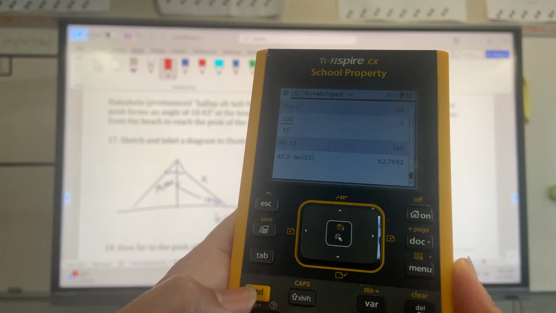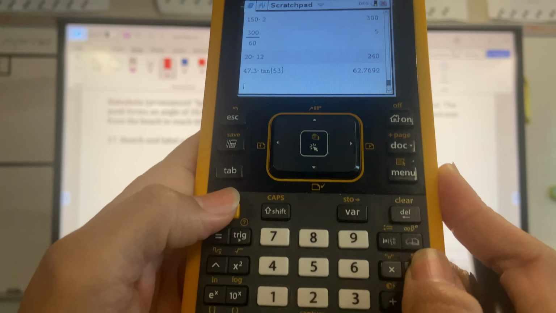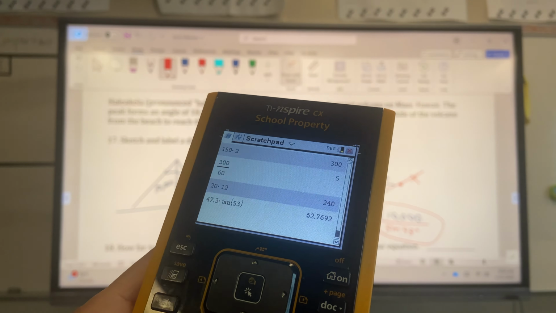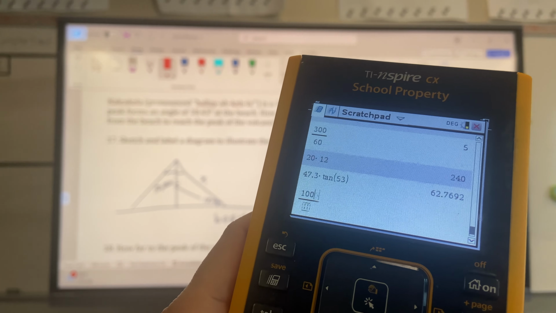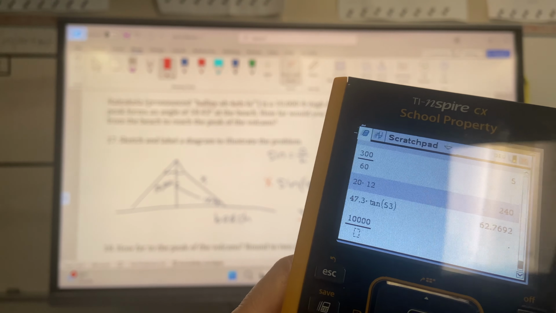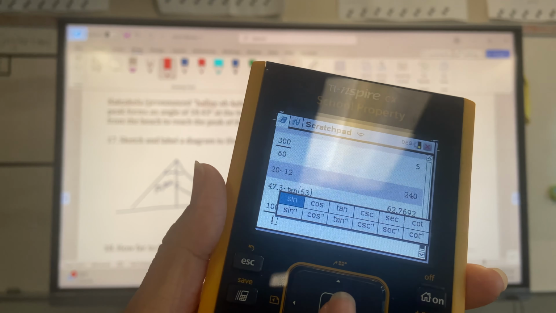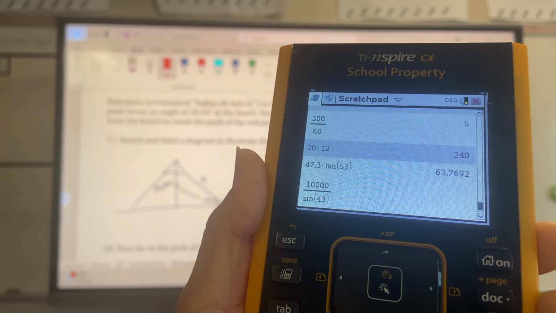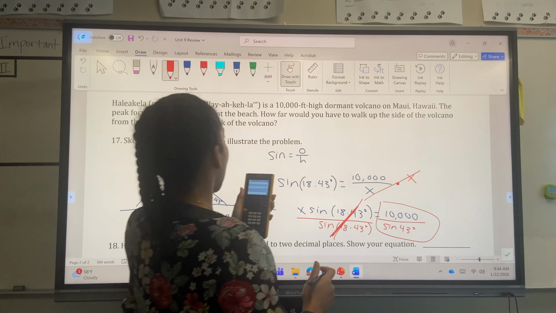So you go to control divide, okay, so it gets you the fraction. Put 10,000 in the numerator, and then hit the trig button right here. Go to sine, hit OK, and then 18.43, and hit enter. That's your answer.